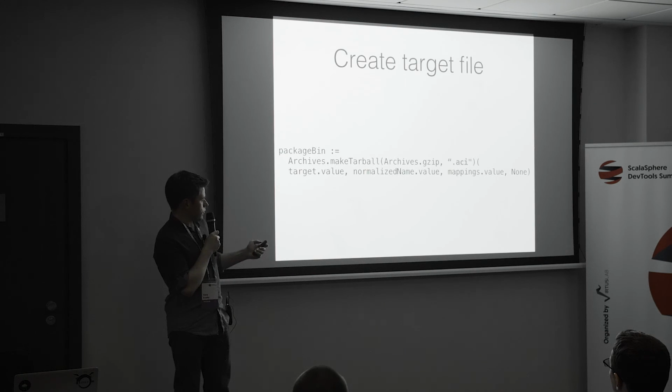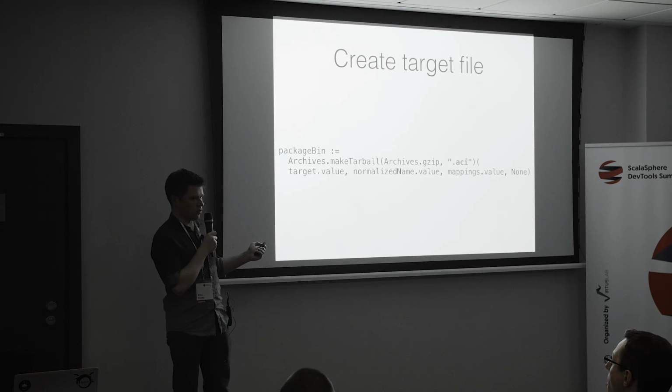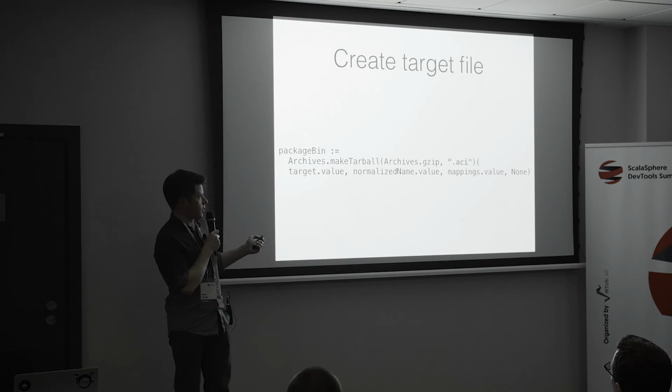So then we need to write the implementation that creates the ACI image. If we override packageBin, which is the usual target for creating one of these images, like this is common across Debian packages, RPMs, and so on.